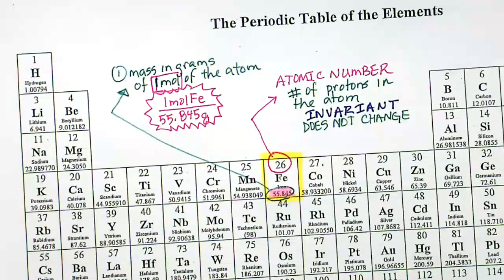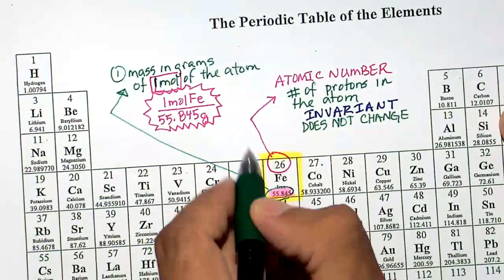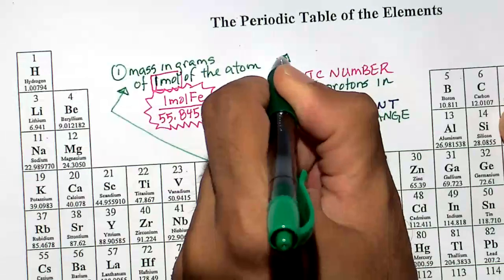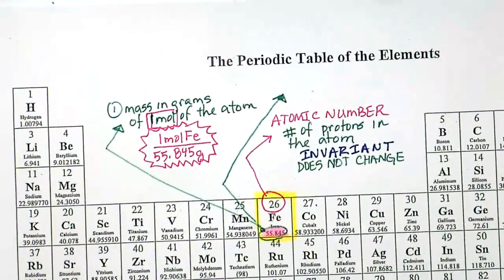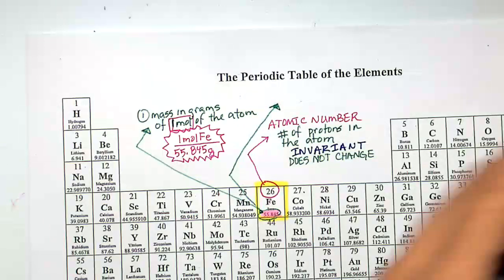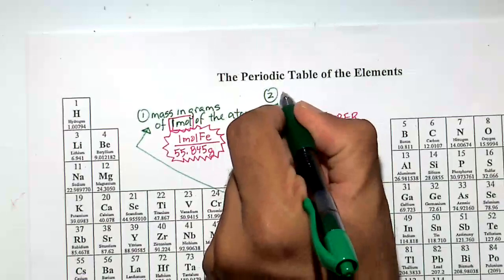So that's one definition. The second definition is what we're going to call the mass number, which is the number of protons and neutrons in the atom.